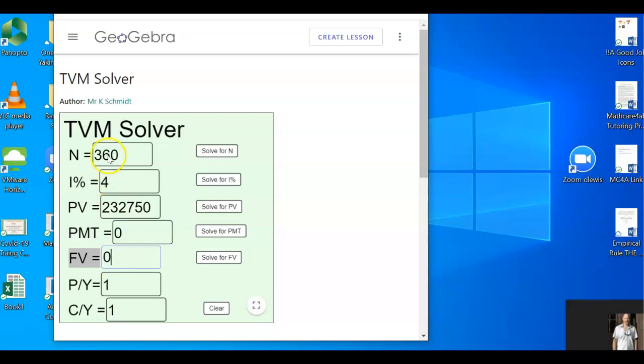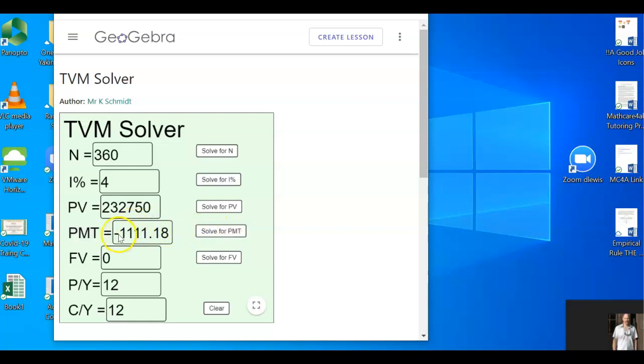So after 30 years, after 360 payments at 4% compounded monthly, the balance will be 0 at the end. P/Y, the payments per year, is 12, and you compound at the same amount. So we go up to the payment amount, which is unknown, and we hit solve. And there's your payment.